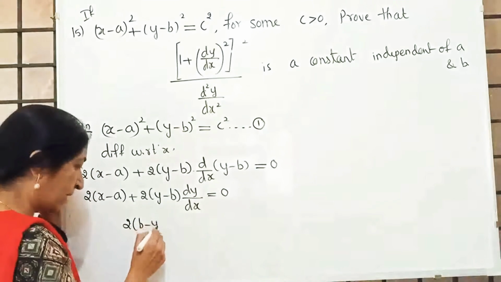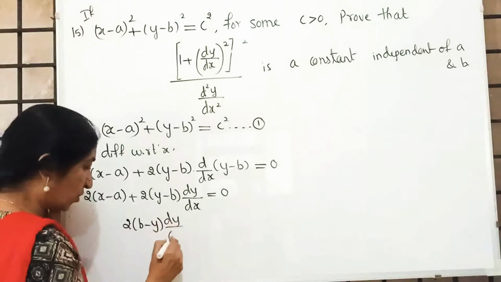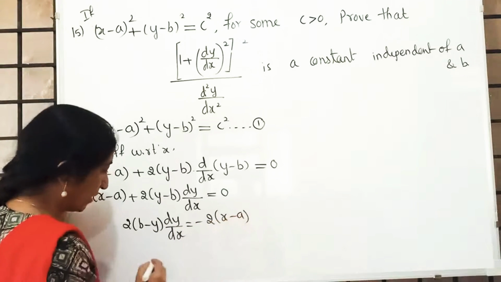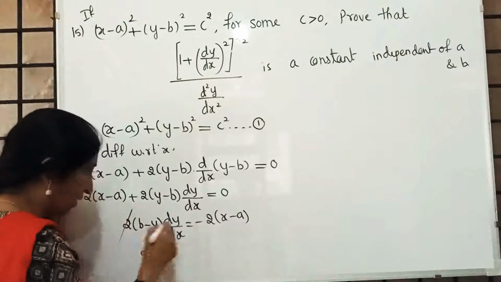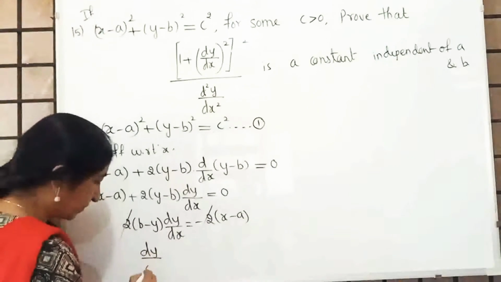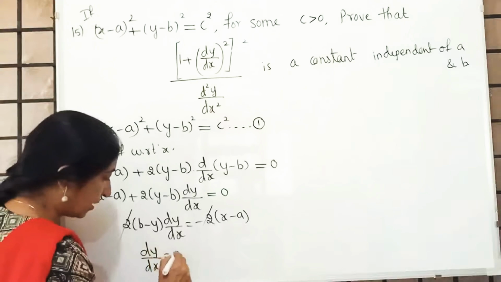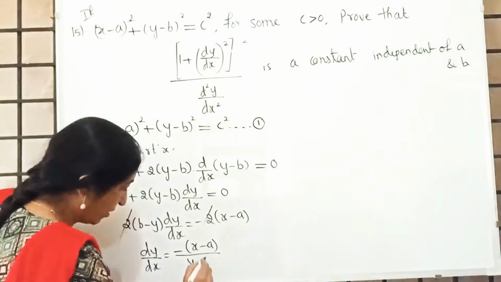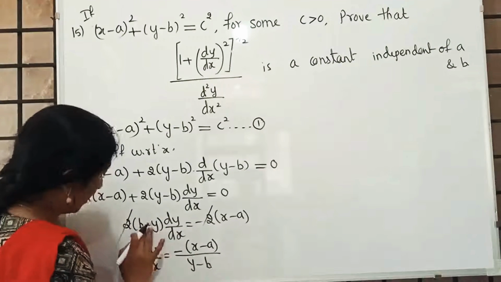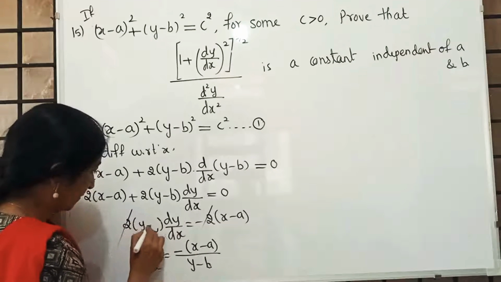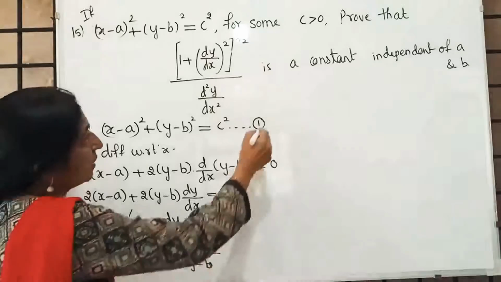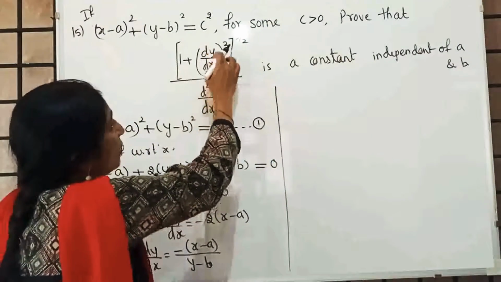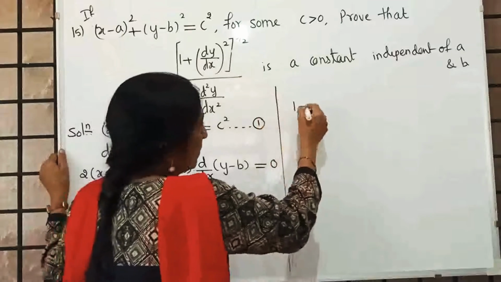Now 2 into y minus b into dy upon dx is minus 2 into x minus a. On both the sides 2 gets cancelled. dy upon dx is minus, in the bracket, x minus a upon y minus b. Now see what is 1 plus dy upon dx whole square.